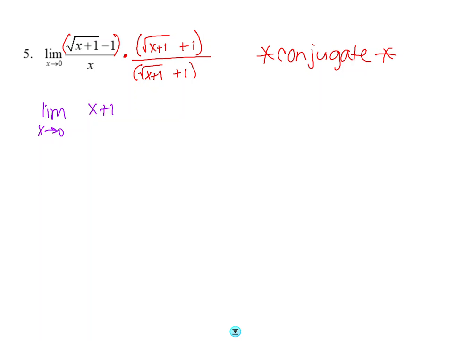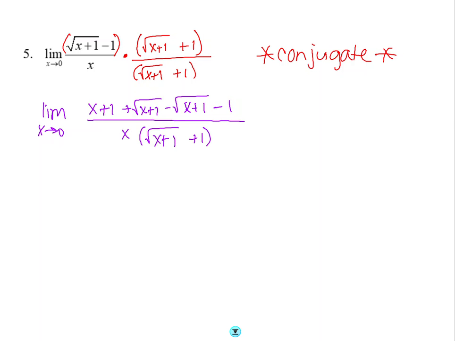Then square root of x plus 1 times 1, so positive square root of x plus 1. Negative 1 times square root of x plus 1. And then negative 1 times positive 1. And I'm not going to distribute in the denominator. And you'll see why in a minute.